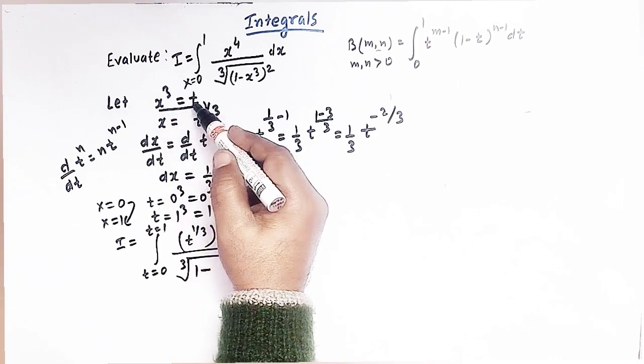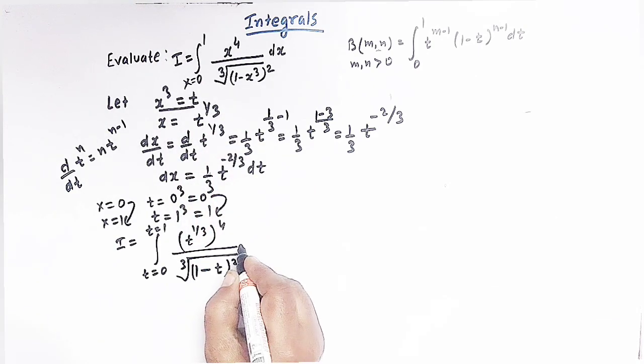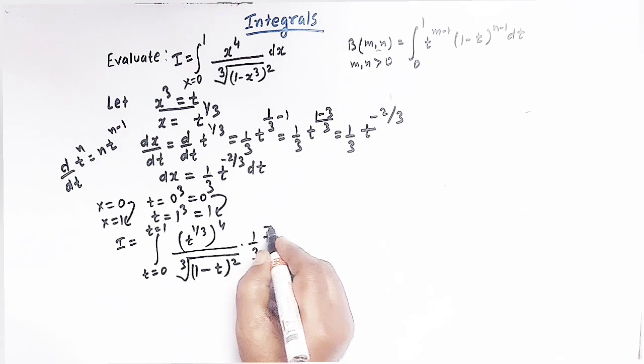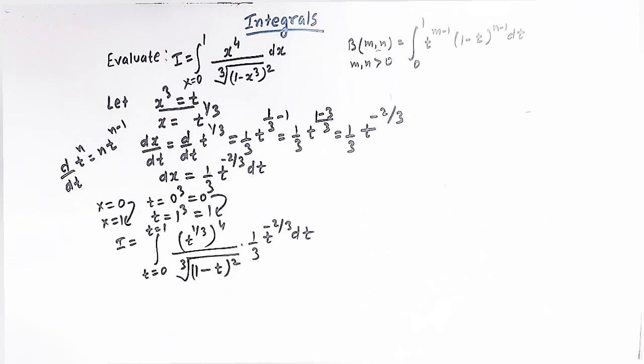For x cube we can write t, and here we have square, and for dx we can write 1 over 3 t raised to minus 2 over 3 dt, right? So now let us simplify this integral.